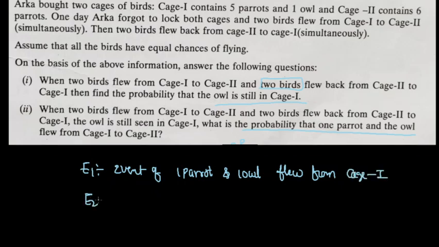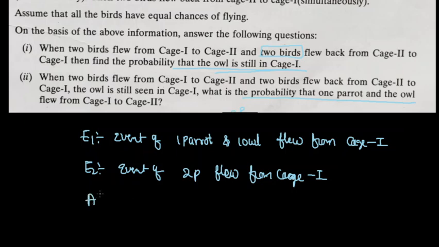Let us say E2 is the event of 2 parrots flying from cage 1. Since we need the probability that the owl is still in cage 1, let us say E is the event of the owl still being in cage 1.